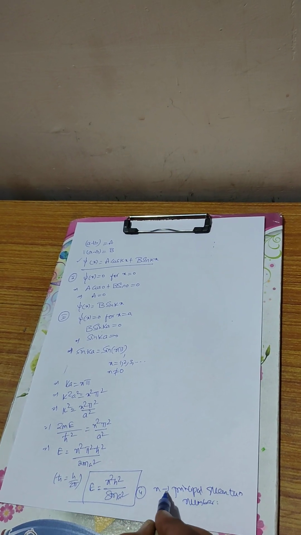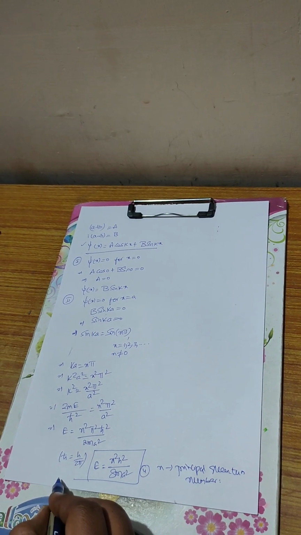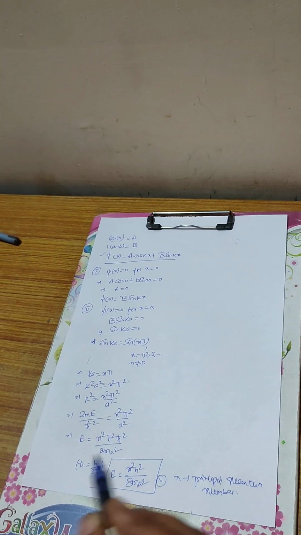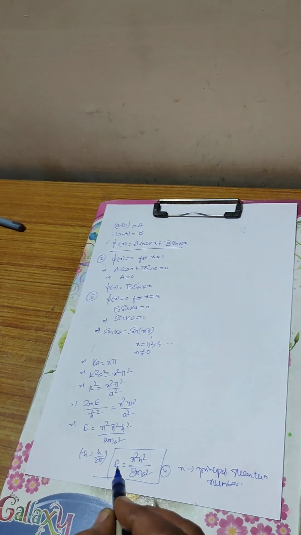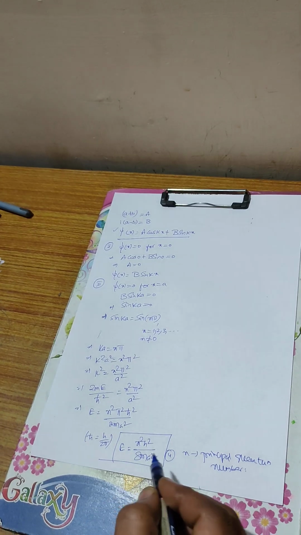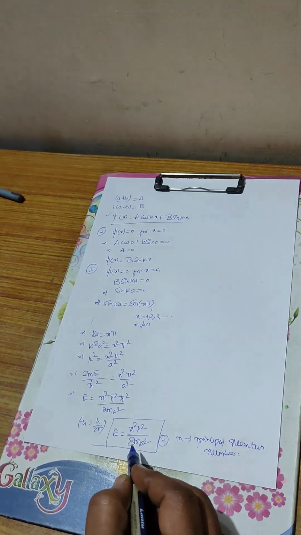Therefore, n cannot be taken to be 0. It implies another point that an electron, even if it is in its lowest energy state, should possess a non-zero value of energy. So an electron in a ground state also possesses a non-zero value of energy. It cannot be 0.